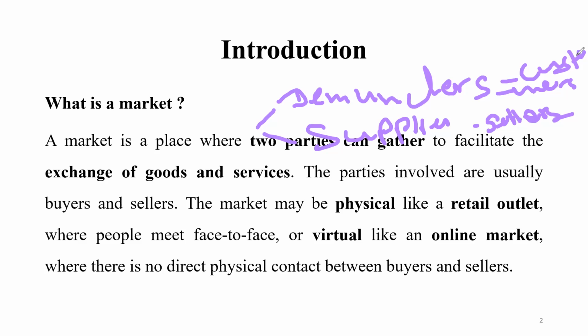There are some methods nowadays by which we can purchase goods and services, like the virtual or online market. Therefore, the online market we now also consider as a market.